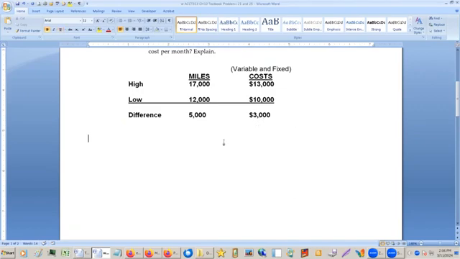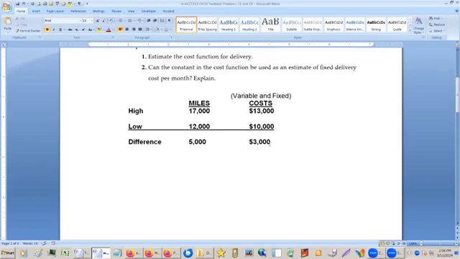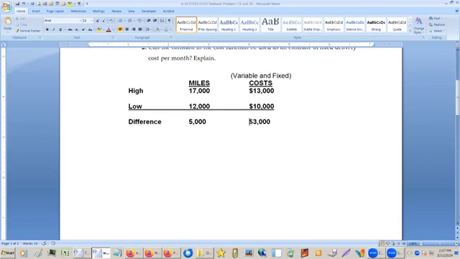You can put it in chat if you want. Oh, come on, you guys. What was the question? The change in total cost, the $3,000 change, is it due to variable or fixed cost? And I just got in chat that, yeah, it's the variable cost.